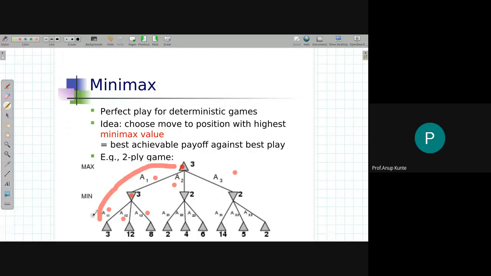How many plies is that? There are two plies, one ply of max and the next ply of min. In two plies the game is over, and the tree extends in all directions equally.